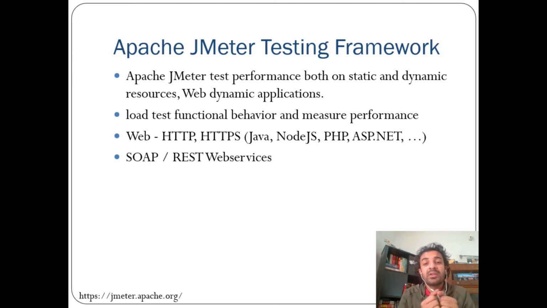Web services are aligned with all these things as well, like HTTP and HTTPS web protocols with Java, Node.js, PHP or ASP.NET. These are the features additionally required for testing a web service, SOAP testing and RESTful web service testing. And dedicatedly, JMeter also provides a feature for testing SOAP and RESTful web services with the inbuilt feature that we'll see next.